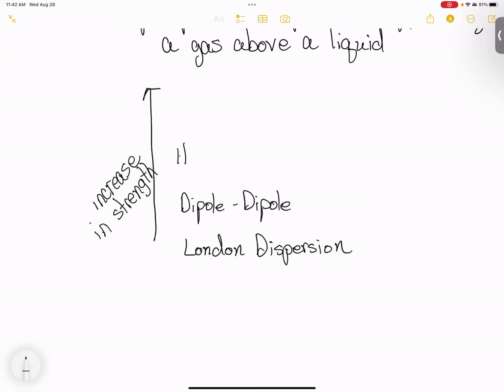After that comes hydrogen bonding. And after that comes ionic. So the reason you have to know the intermolecular forces is so that you know how strongly these molecules are held together.